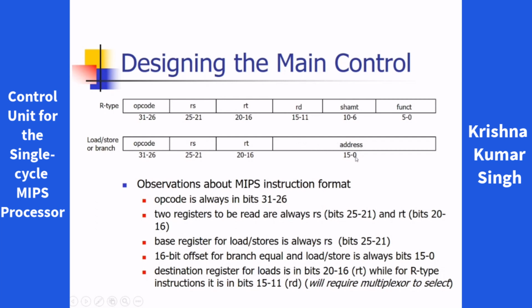The only problem is that the destination register for the load instruction, the Rt field, determines the destination, and for the R-type instruction, the Rd field determines the destination. So we need a multiplexer in front of the register write index in the register file to select between these two possible options.